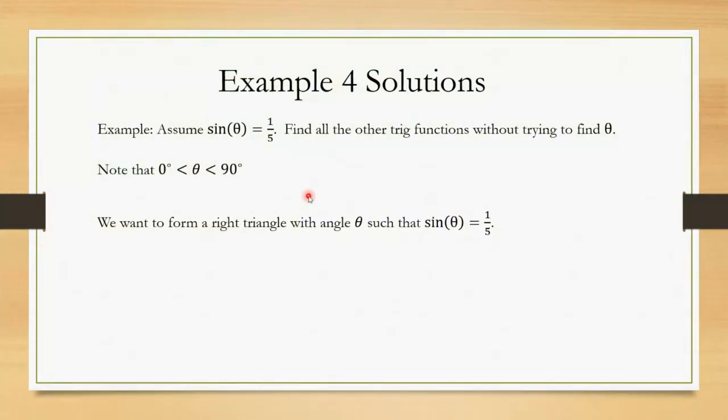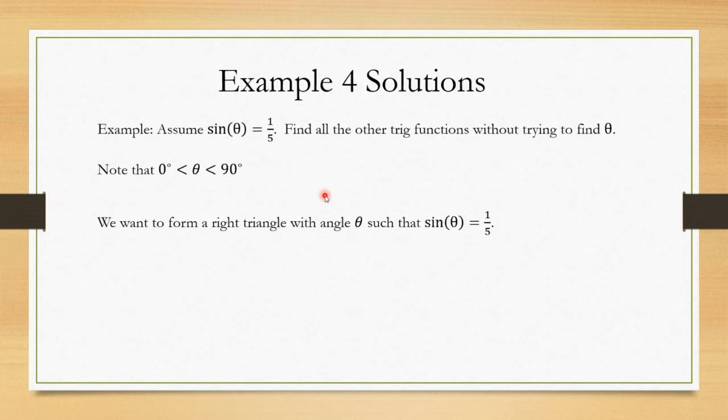What we want to do is determine all the other trig functions at theta, but we're not going to figure out what theta is. But we don't have to, which is nice.